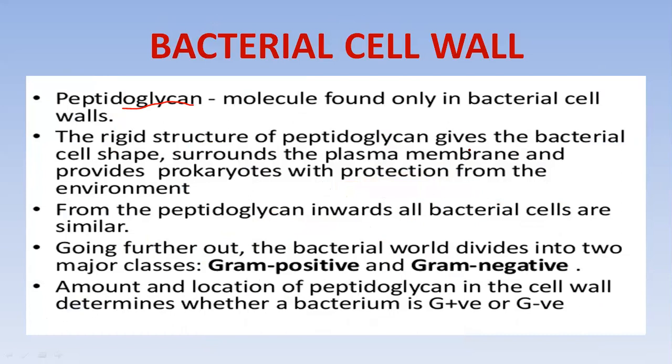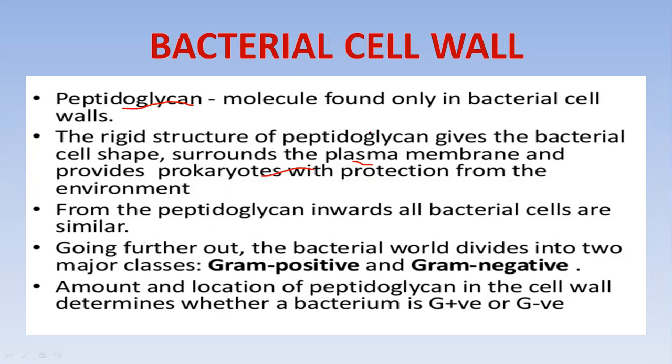The rigid structure of peptidoglycan gives the bacteria its cell shape, surrounds the plasma membrane, and provides prokaryotes with protection also. So from the bacterial cell wall, there is the cell membrane. From that to the inside, all the cell is the same.